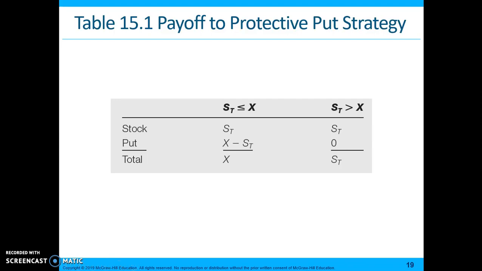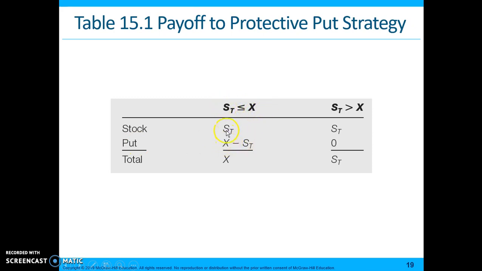Table 15.1 is simply the payoff for a protective put strategy. Again, a protective put is buying a stock and buying a put together. So in either scenario, you own the stock, so you're going to receive the value of the stock. However, the value of the put is going to kick in if the stock price is below the strike price.